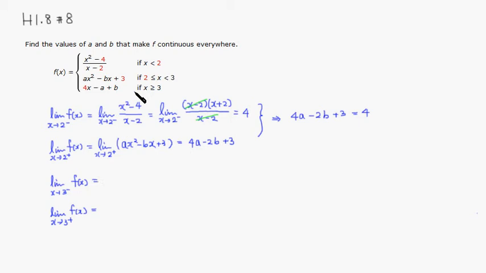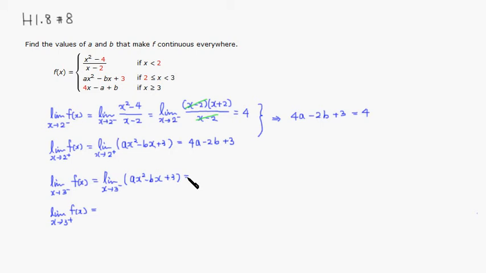Coming from the left, we still have to use the middle formula, so the limit of ax squared minus bx plus 3.